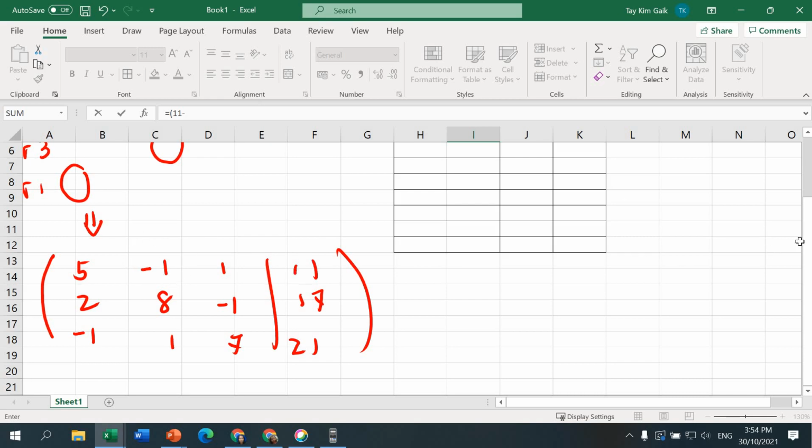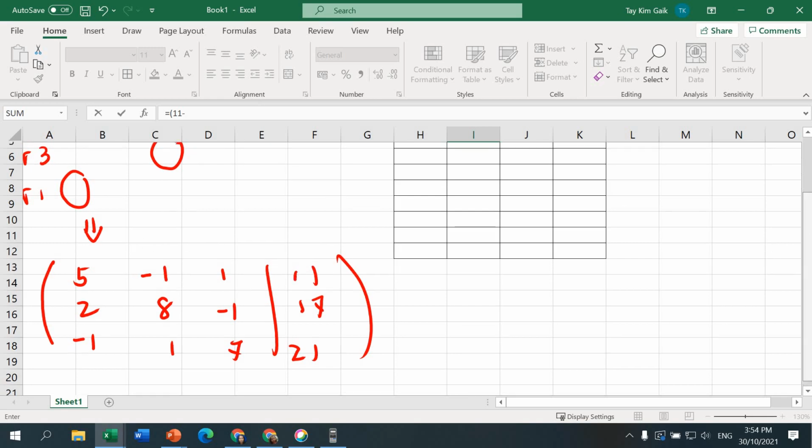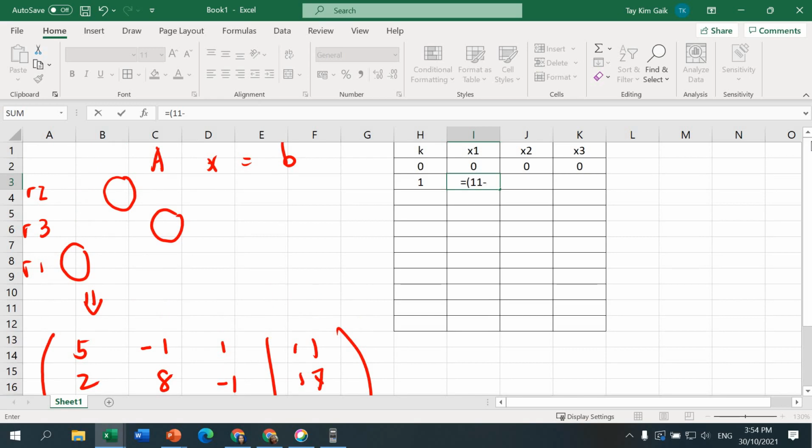So we have 11, this is minus 1, bring to the other side, plus 1 x2, plus 1 x2 here. This is minus 1 x3. Divide by the coefficient of x1, which is 5. So you get 2.2.